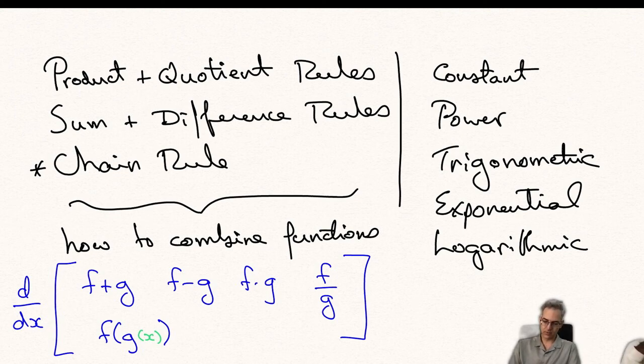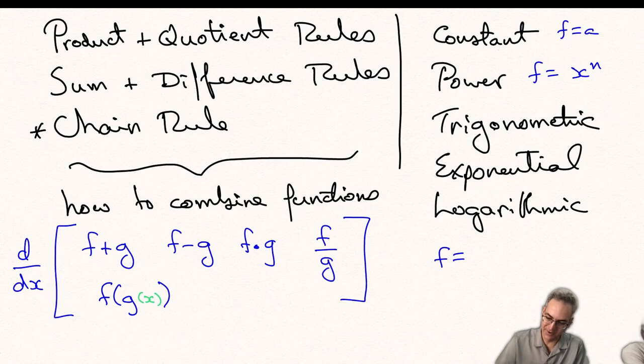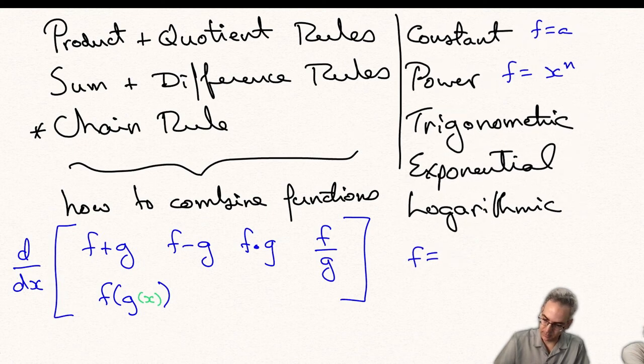They don't tell you, if I actually give you now a function, right? In this case, f is a constant a. Here, f is the power of x. Trigonometric, f is, let's say, sine. This is getting too tight here. Let me move them over a bit.